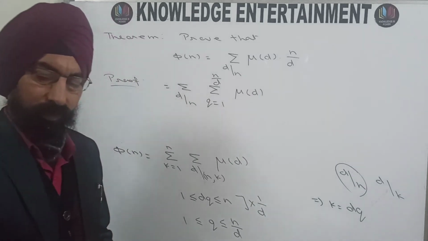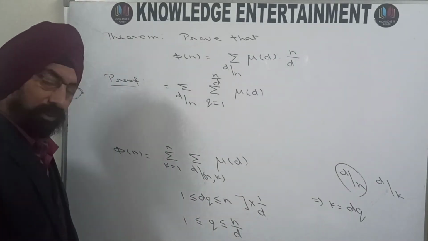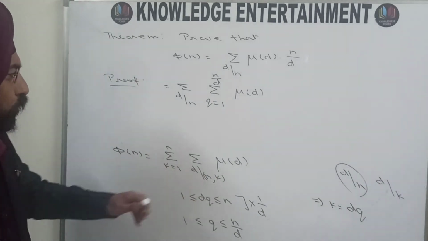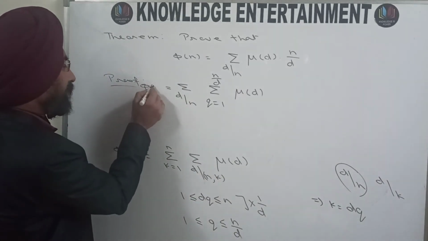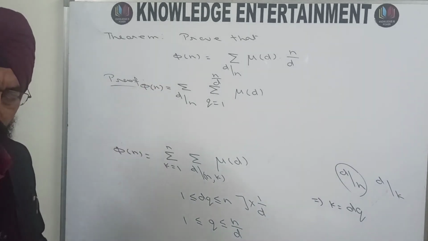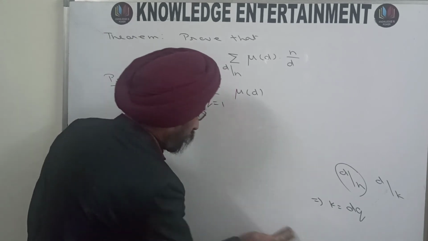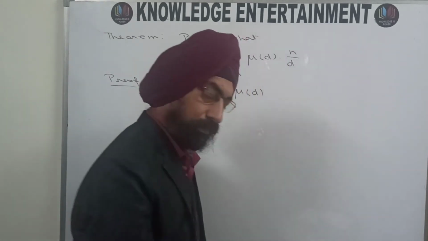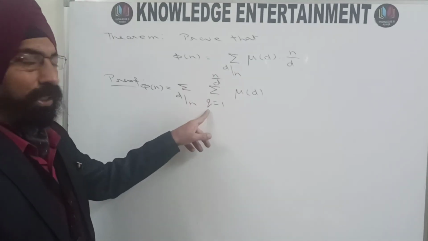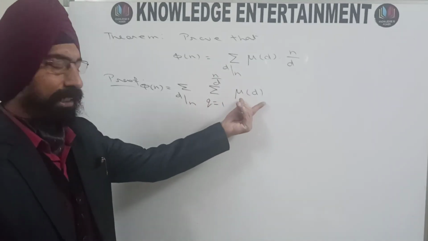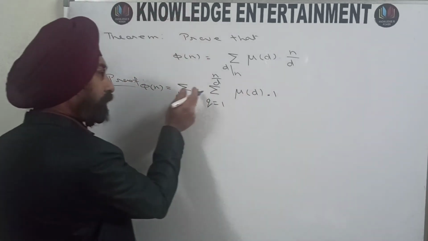Now, in the next step, this is coming out to be the value of phi n. So I am writing here phi n is equal to, and now it is a very simple step. Here the summation varies over q, but the term does not contain q, so take mu d outside.